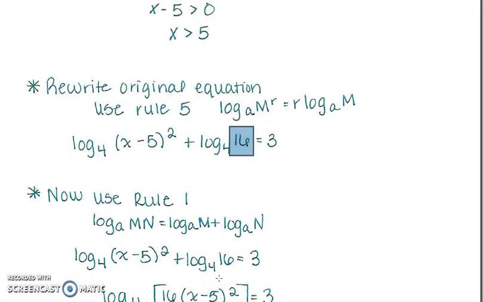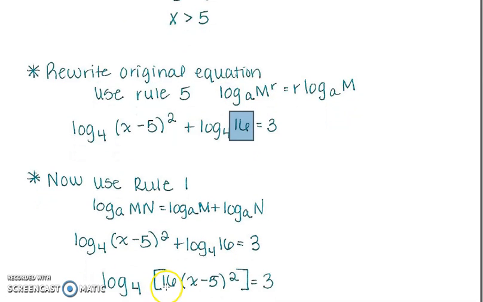We're just multiplying 16 times (x minus 5) squared. The reason we could not have that exponent here is because that exponent would then have to be moved here. That's why rule number 5 comes first, because we're really only multiplying this (x minus 5) squared, not the 16 squared. See how that'd be very different? Okay.